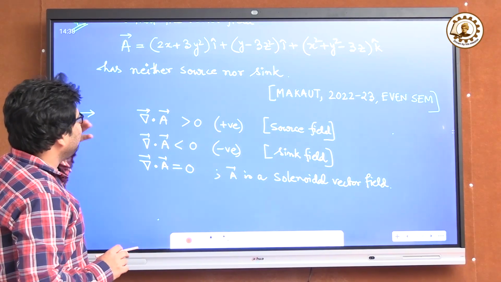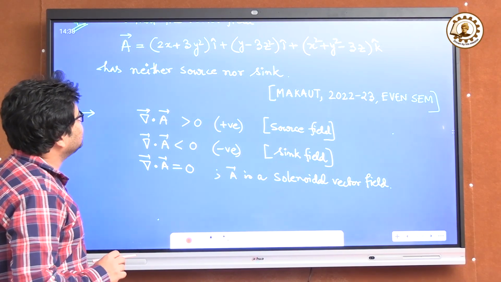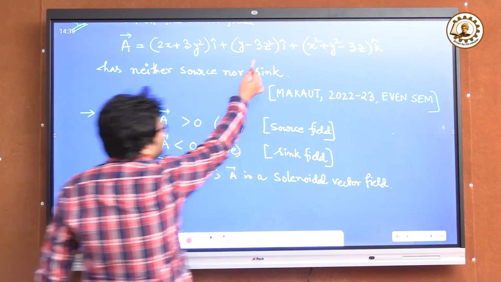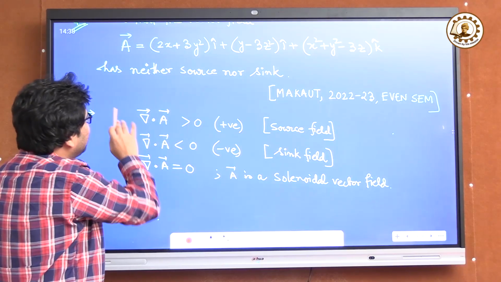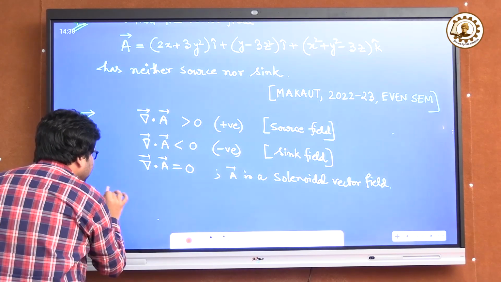So the A vector is given by 2x plus 3y square. This is the x component, this is the y component, and this is the z component. Okay. So we have to take divergence over this vector. So what is the divergence?